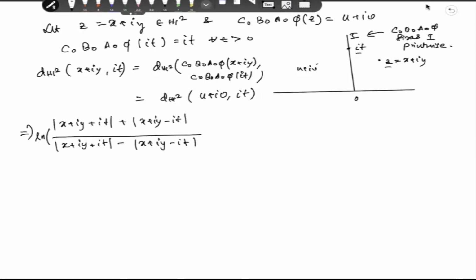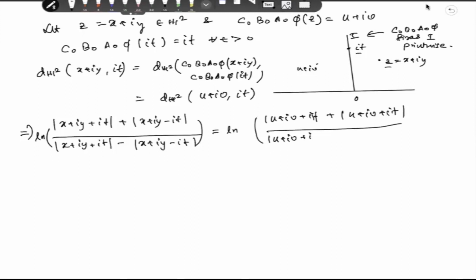So the log of this thing is the distance between X plus IY and IT. This will equal the log of mod of U plus IB plus IT plus mod of U plus IB minus IT, divided by mod of U plus IB plus IT minus mod of U plus IB minus IT. So we have this here.